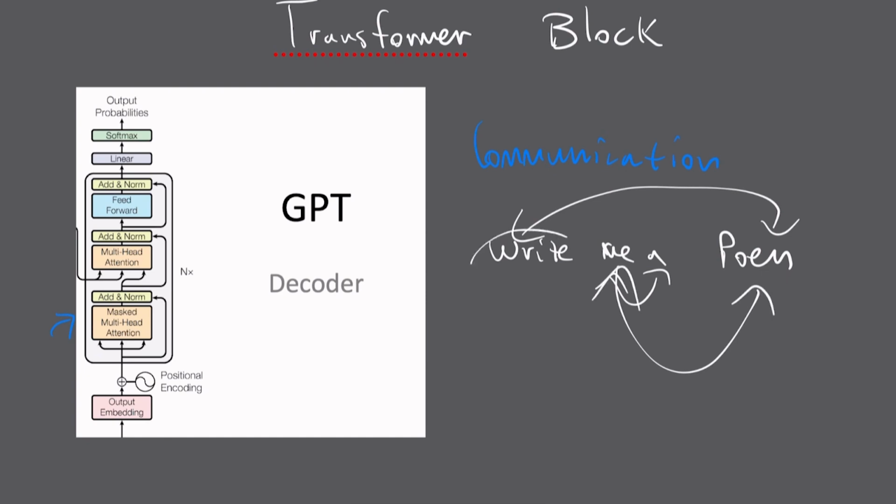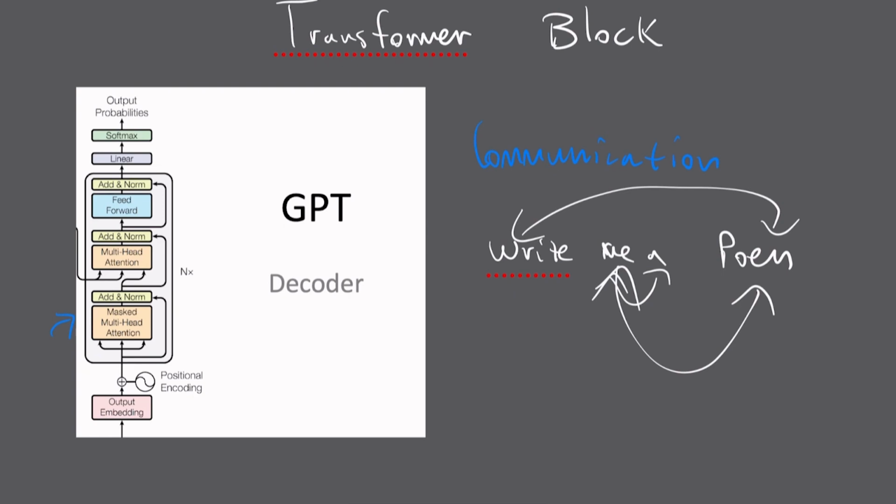So we know that write and poem must be relevant to each other, because how else would the model know what to write? The model shouldn't write a book, the model shouldn't write a movie, rather the model needs to know that a poem needs to be written. So the model will let these tokens talk to each other, so to speak. The model will consider every single pair of tokens until the importance of every token pair relationship is determined, and then the model can focus on certain parts of the input and appropriately predict the next token in the sequence.